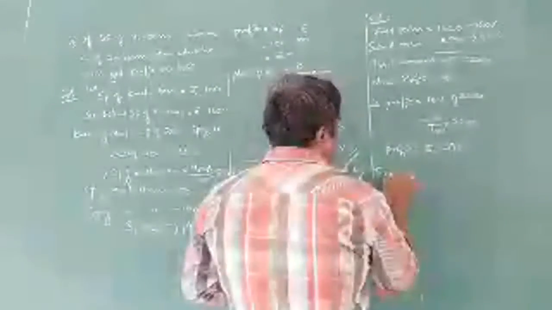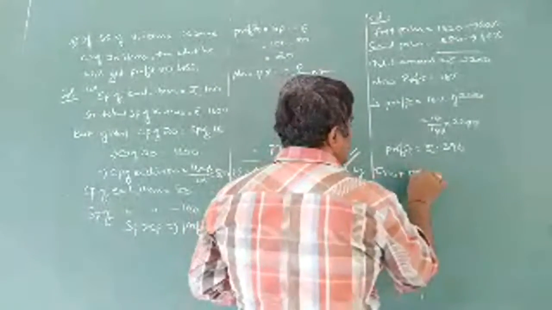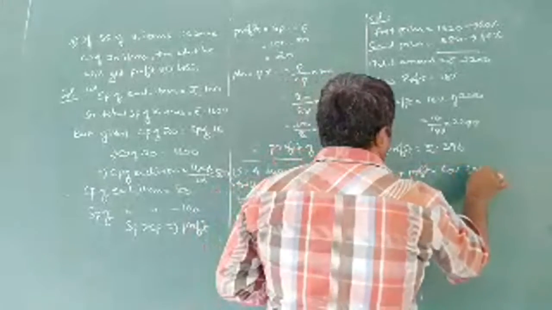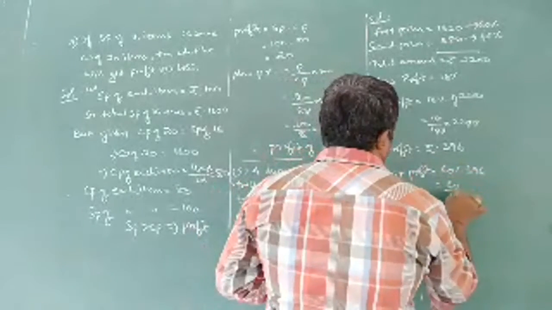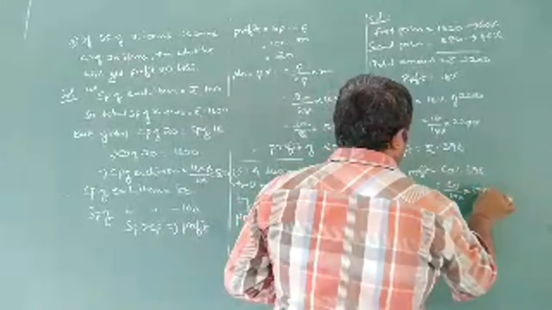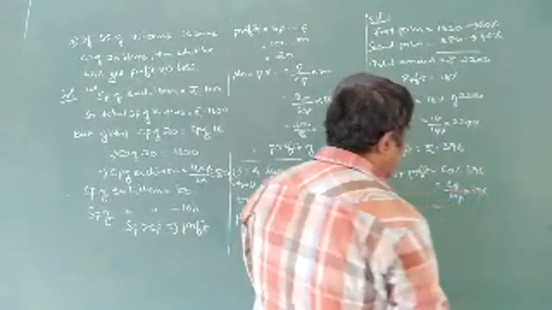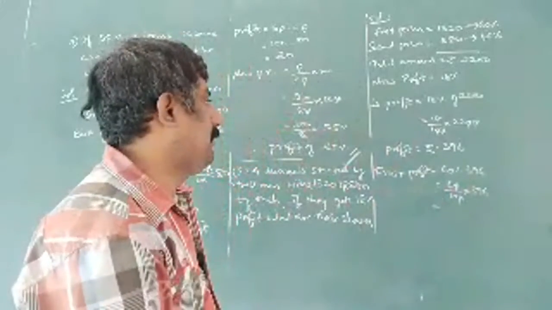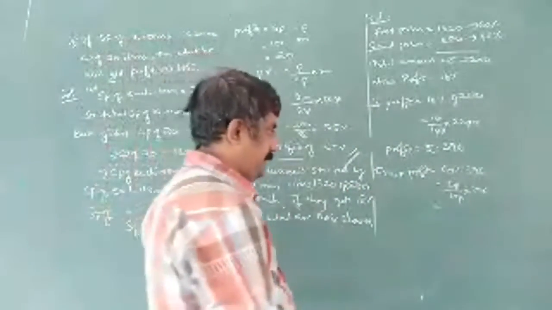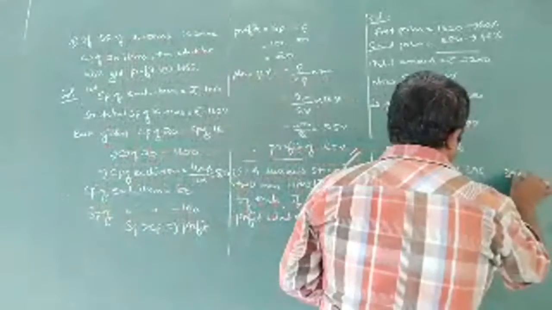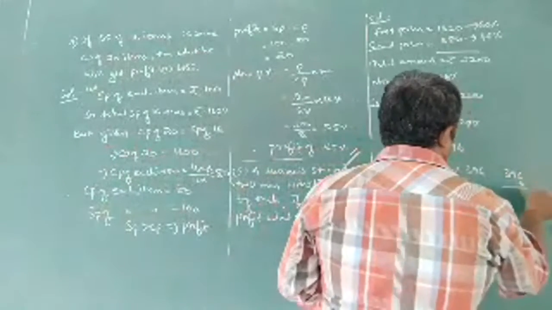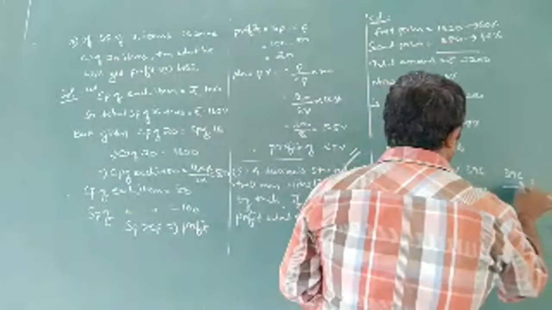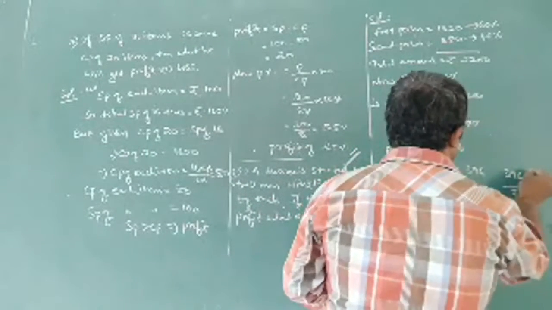First person's profit is 60% of 396. 60 by 100 into 396, zeros getting cancelled. 396 into 6: 6 6s are 36, 6 9s are 54 plus 3, 57, 6 3s are 18, 23.